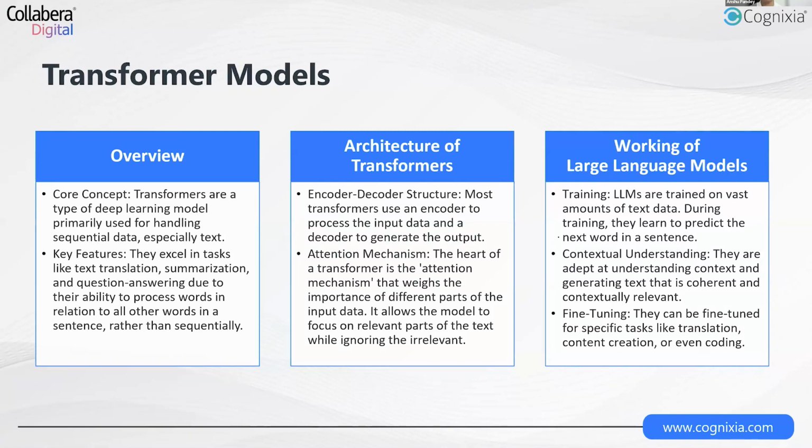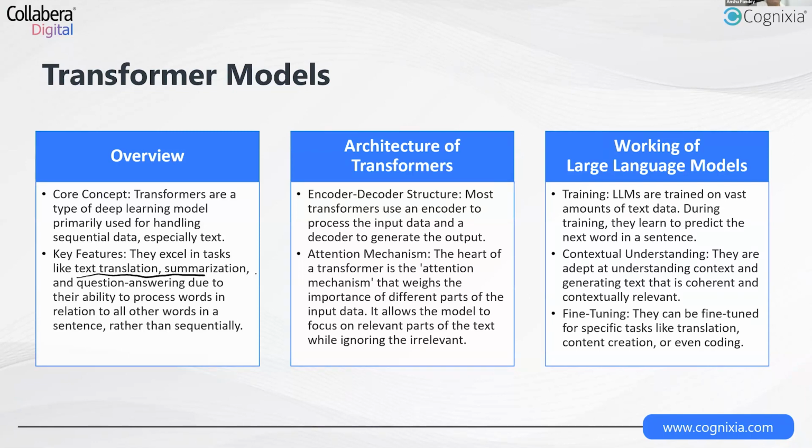A conversation, a text or email, every language, written in any language, is actually an example of sequential data. So transformers can learn quite effectively from sequential data, such as text data, and perform a pretty good job in tasks such as translating text, summarizing text, question answering.